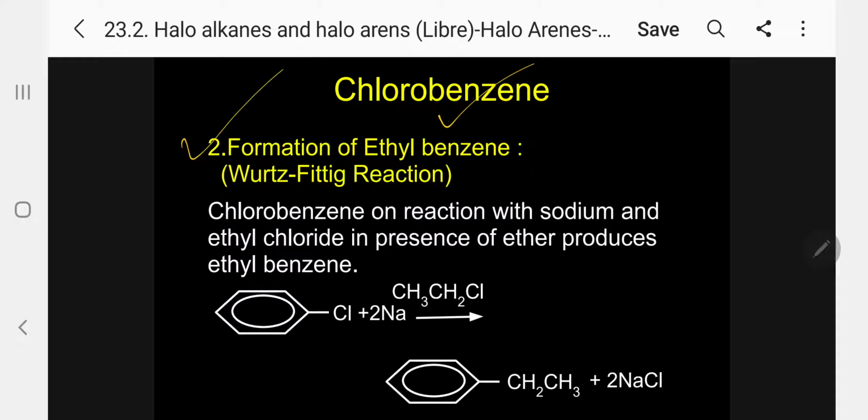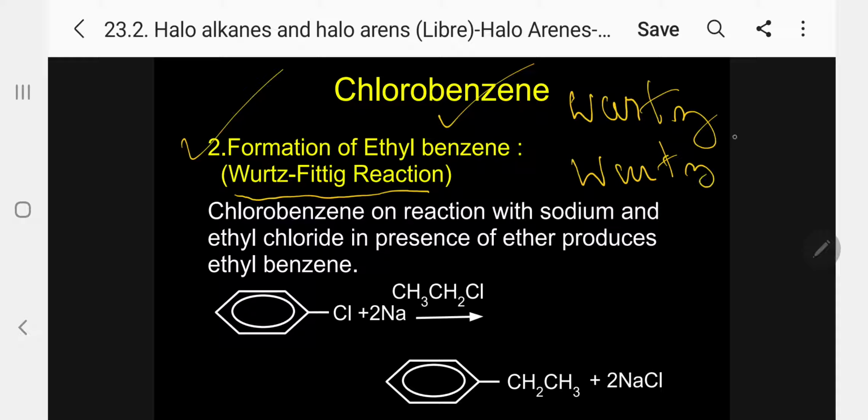Kindly follow. Here I want to give one important piece of information. Under the name of Wurtz-Fittig, we have 3 types you have to memorize. One is the Wurtz reaction, another is the Wurtz-Fittig reaction, and another is the Fittig reaction.